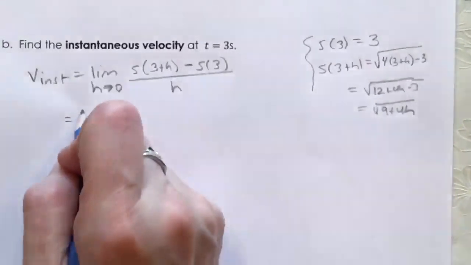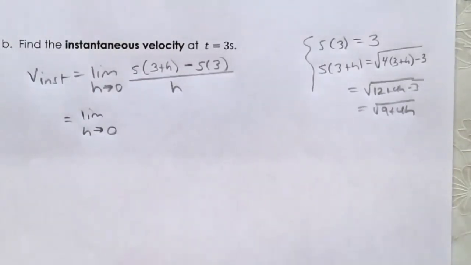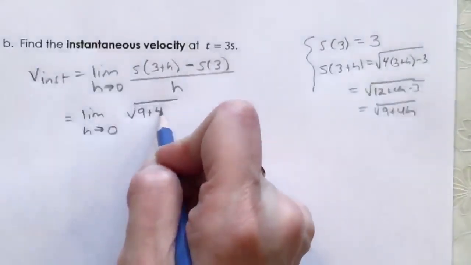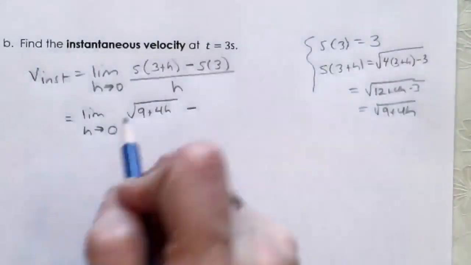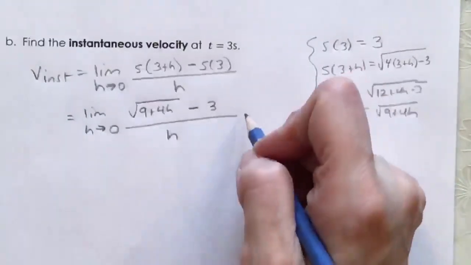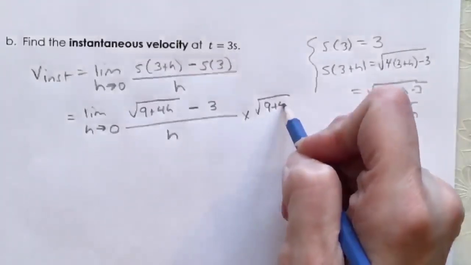So we'll go back here to our formula now. We can substitute in limit as h approaches 0 of the square root of 9 plus 4h minus 3 over h. So now we're going to multiply top and bottom by the conjugate of the numerator.